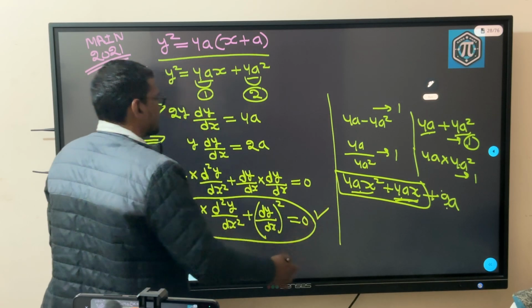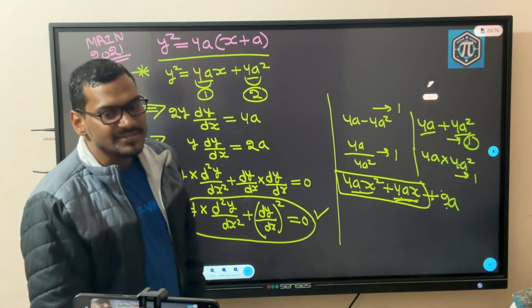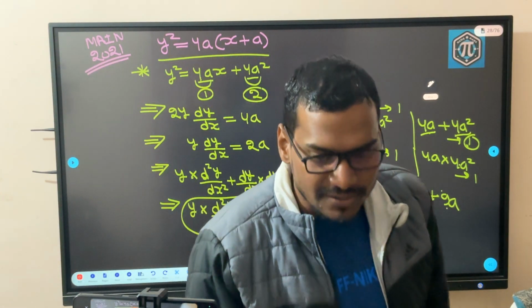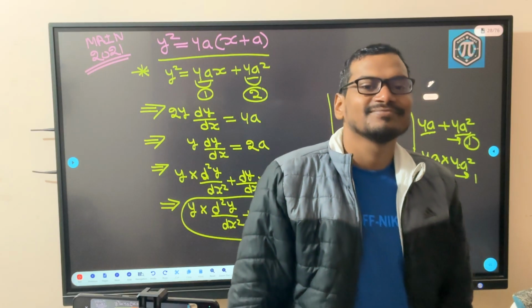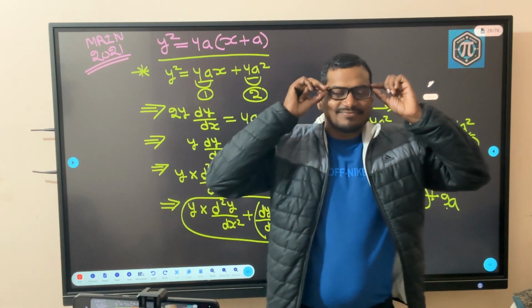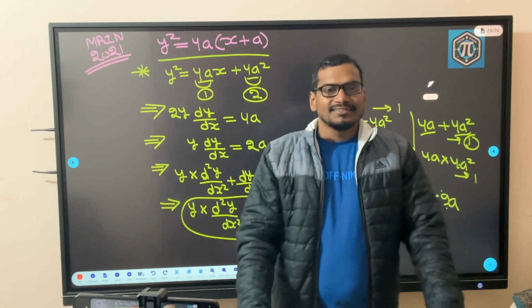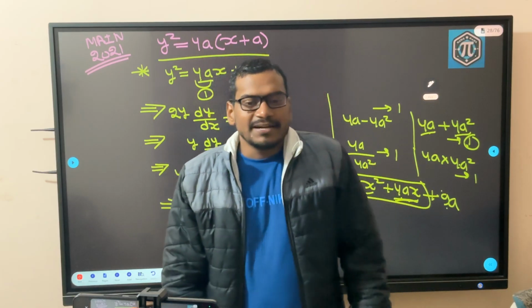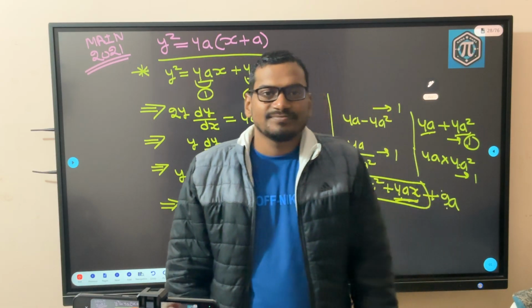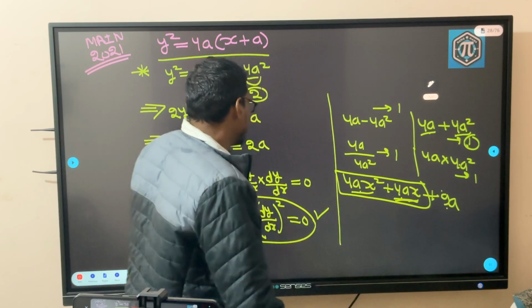That's the differential equation, beta. And that is what you will see in the option in the question. Okay. Understood? Everybody is clear till here? Yes, so that's the answer.